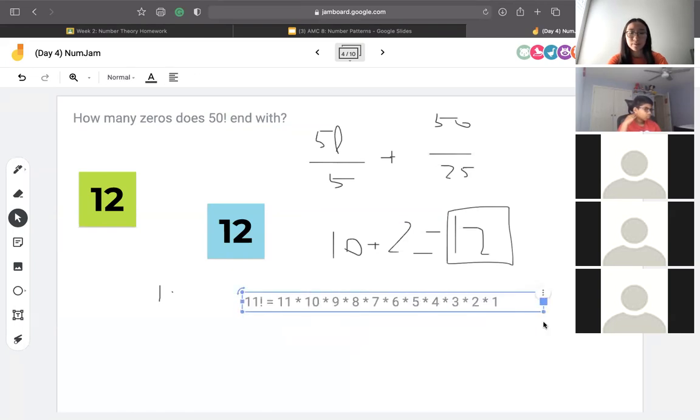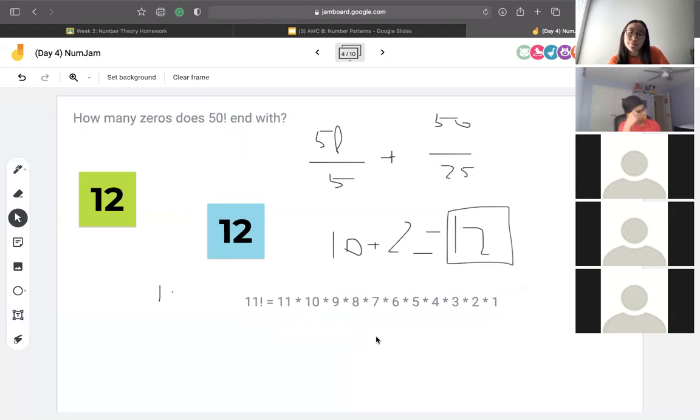Okay. So you're right that if there's a 10 in the prime factorization, it's going to have a 0 at the end, right? But you also have to count all the 5s in there. There's going to be a lot of random 5s and 2s that you can combine together to get another 10. So if you only count the 10s, you're going to miss that. So we count the 5s instead.